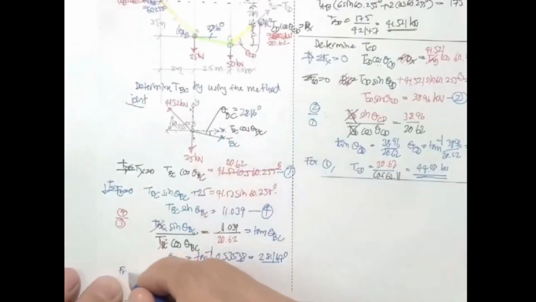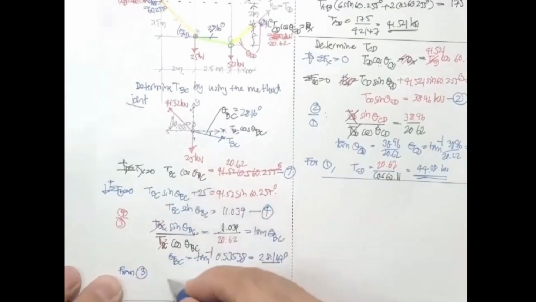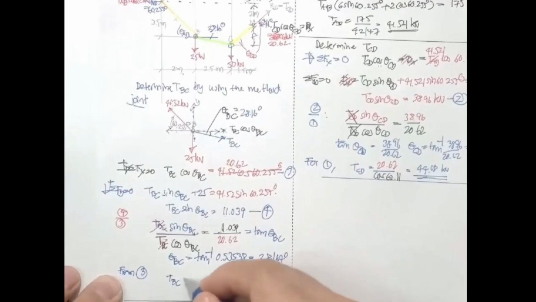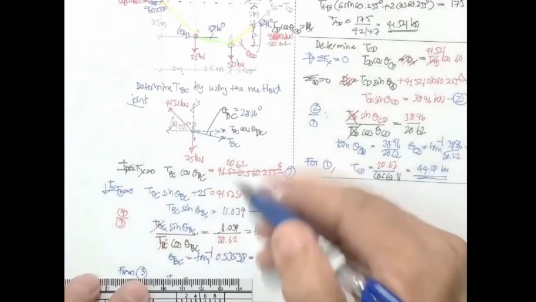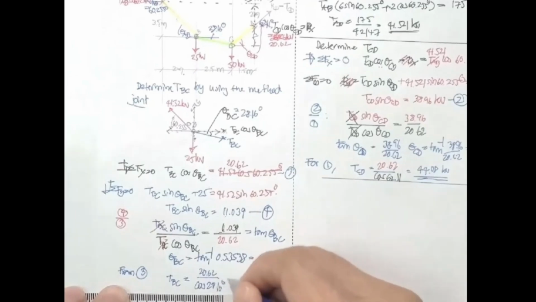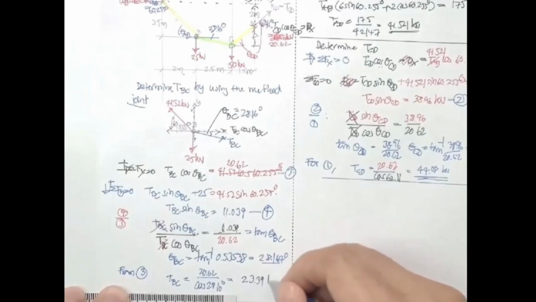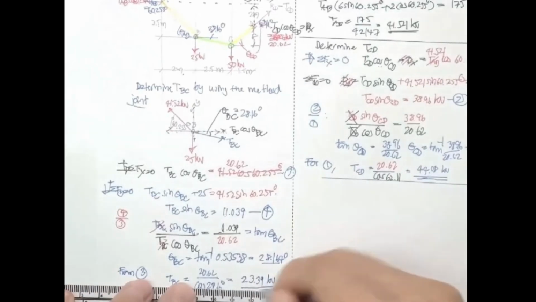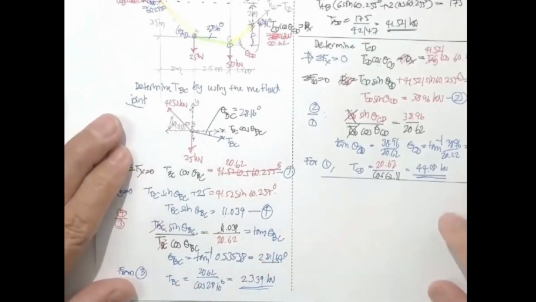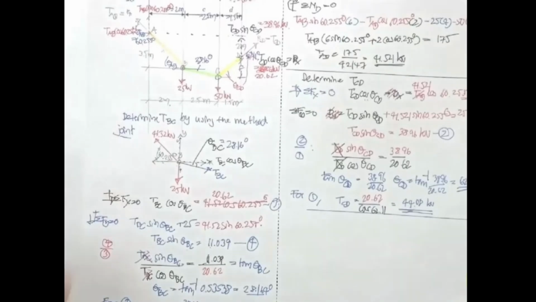Depending on which equation, 3, let's say this one, you will get T sub BC equal to 20.62 divided by cosine of 28.16 degrees. So this one is going to be 28.39 kilonewton. So put 28.39 over here.